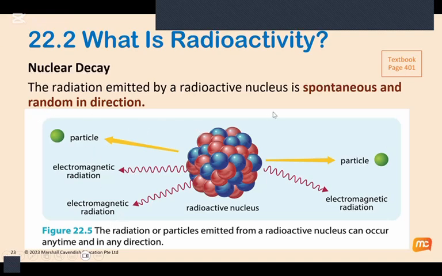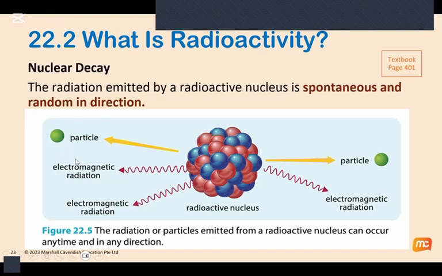Okay, and then it is a spontaneous and random process. Spontaneous means it will just happen naturally. Nothing can stop it. Nothing can affect it. Once the nucleus is unstable, it will definitely emit alpha, beta, or gamma in order to become stable.